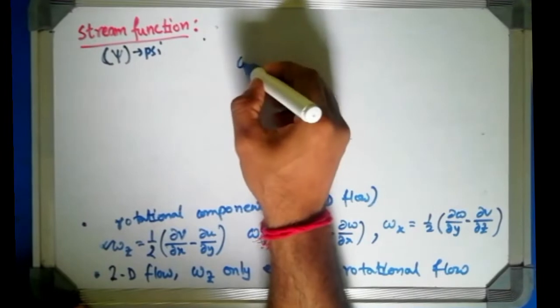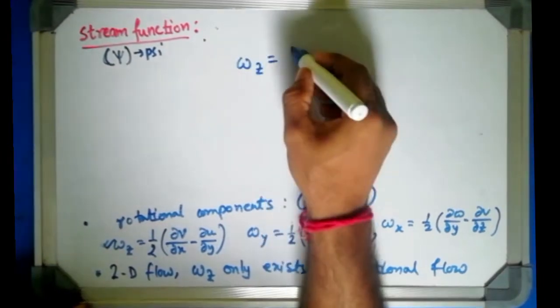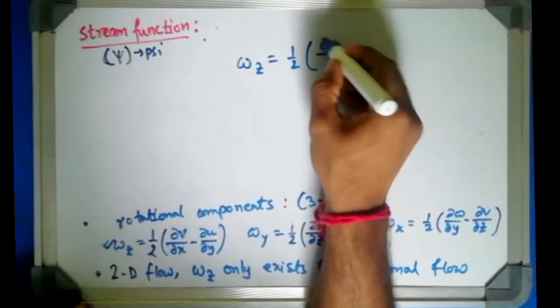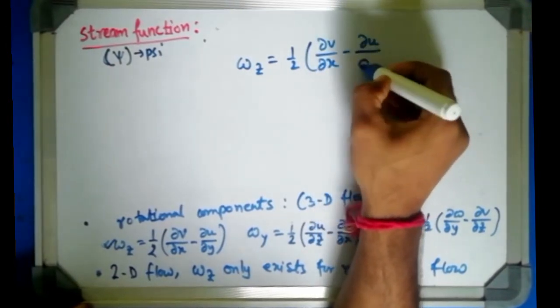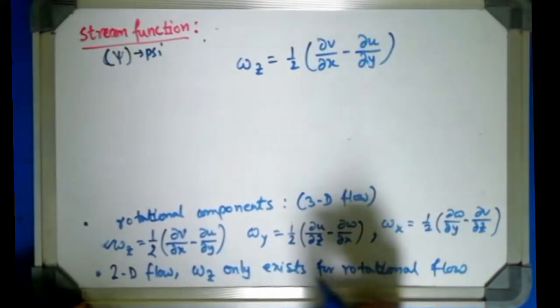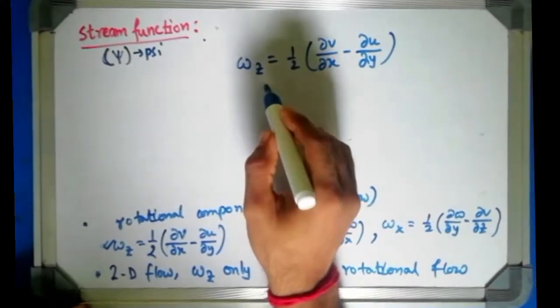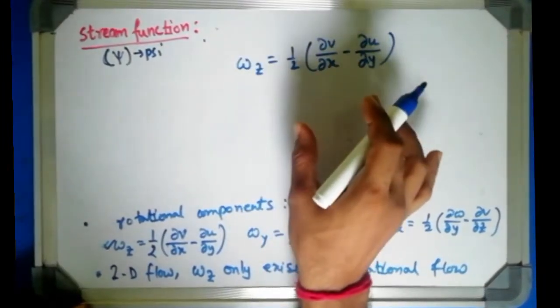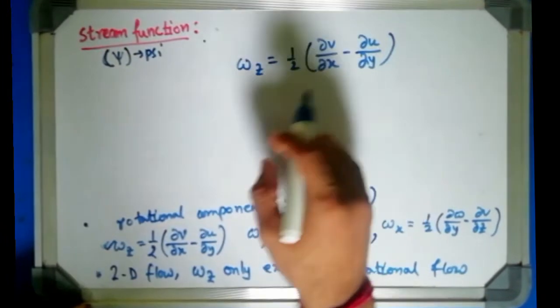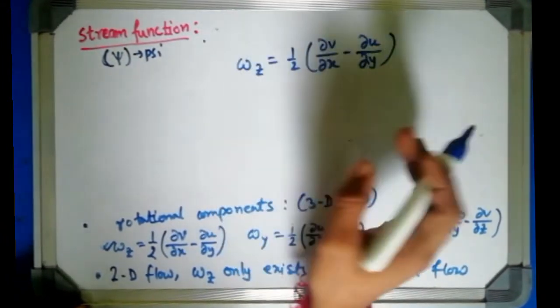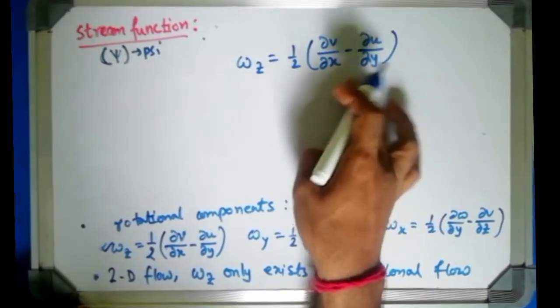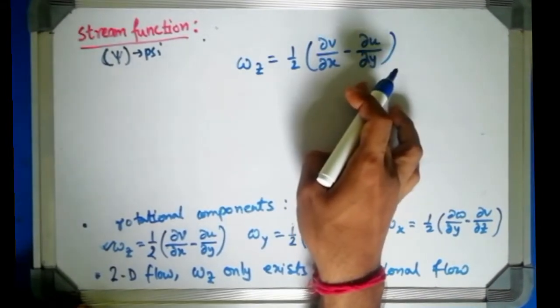Omega z is half del v del x minus del u del y. That is the rotational component for a 2D flow. Only this component will be there because the flow is occurring in the xy coordinates. So the w component will not be there. You can see here the w component is not there.